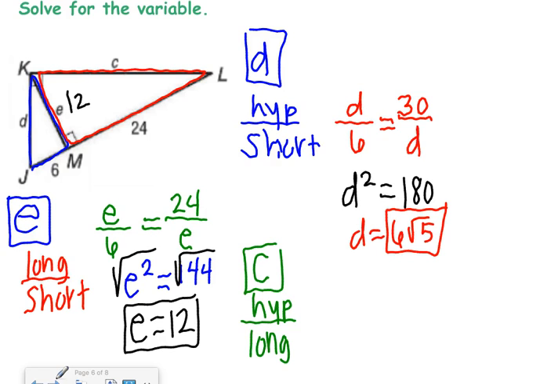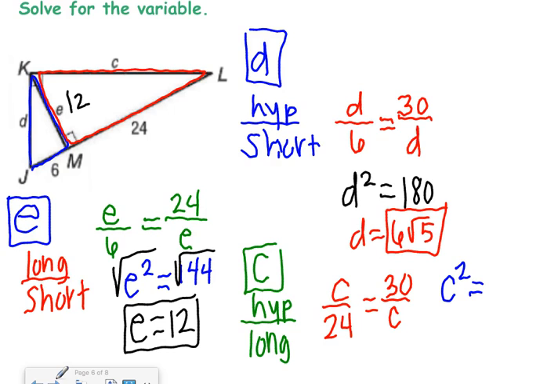So then it's C over 24 is equal to, now what's the hypotenuse of your real big one? 30.